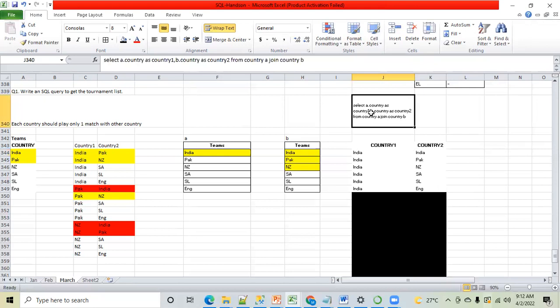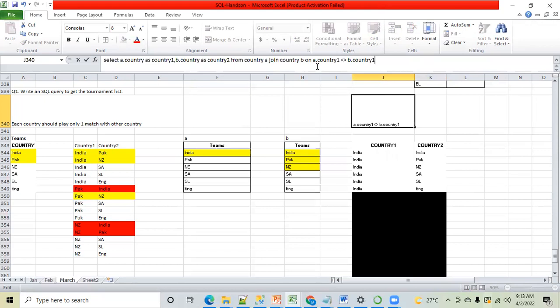Now, in your query, what will you do so that the same country does not come in both the tables? What logic will you apply here? Tell me. Country 1 not equal to country 2. A dot country 1. Very good. A dot country 1 is not equal to B dot country 1.